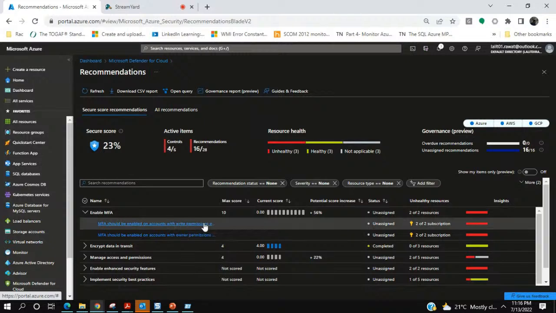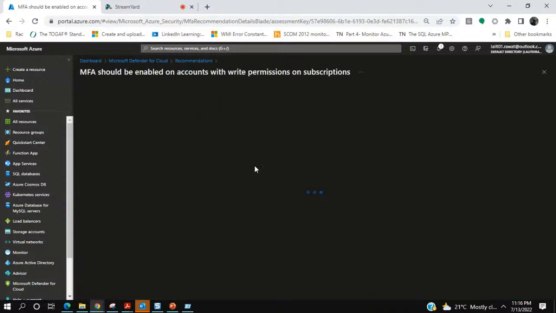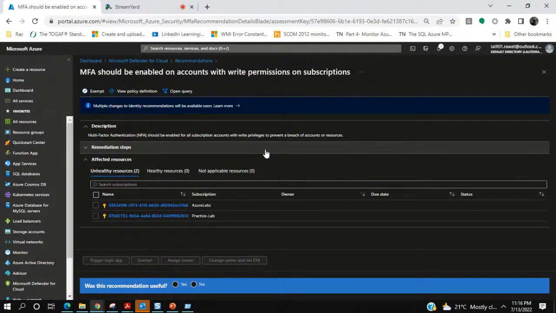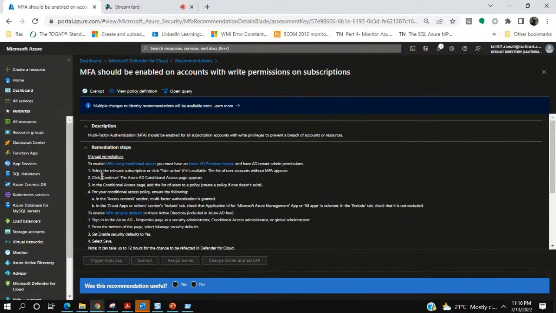If I click on that, it also gives me a solution. These are the recommendations, so you don't have to search the Microsoft Docs to figure out where to go and what to do. You don't have to worry about it.